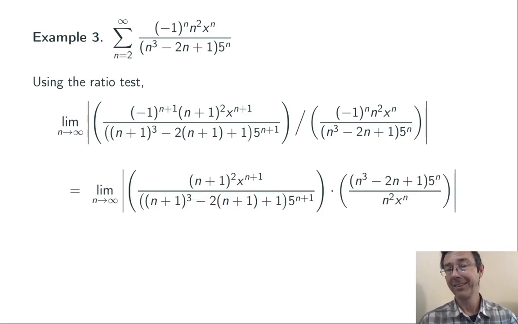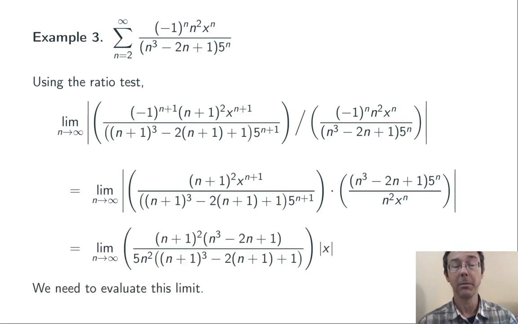I'm going to do the division again by multiplying by a reciprocal. Now I have an x to the n plus 1 in the numerator and an x to the n in the denominator. There's going to be a lot of cancellation there. I'm just going to be left with a single factor of x, which I'll pull out, keeping the absolute value. I'm also getting a lot of common factors of 5. 5 to the n on top, 5 to the n plus 1 on the bottom. I'm just left with a single factor of 5 in the denominator.